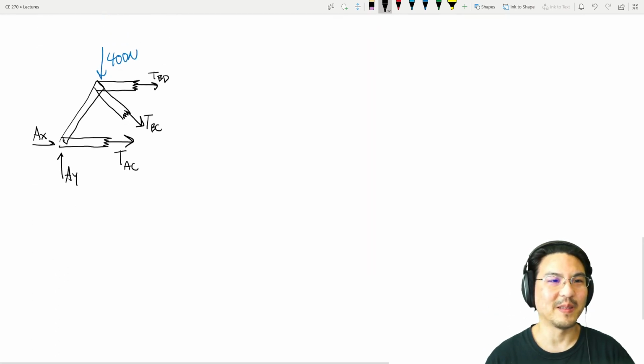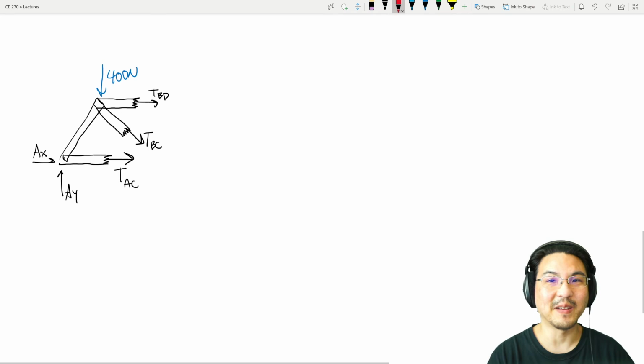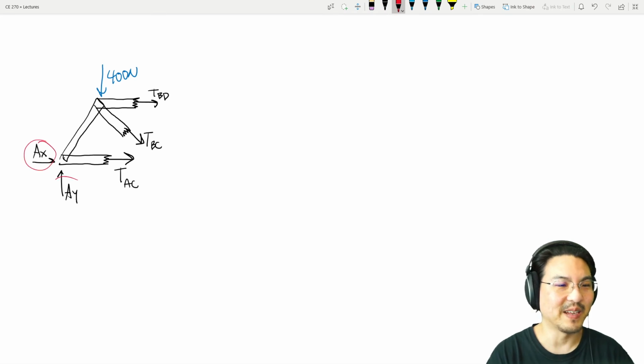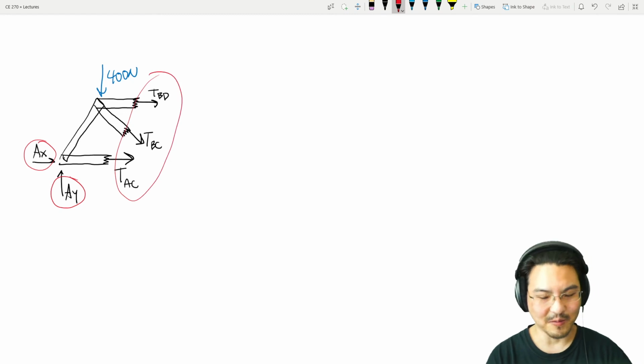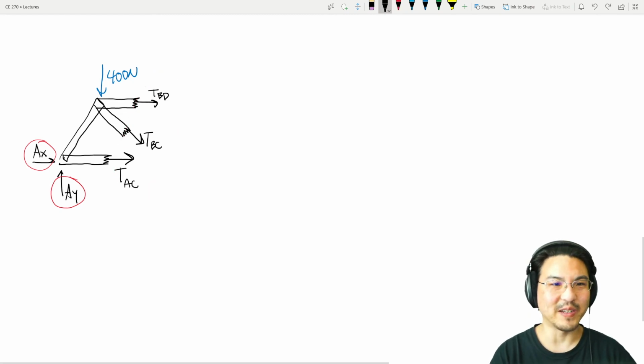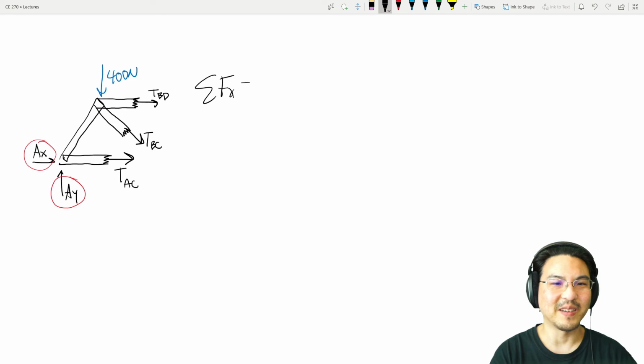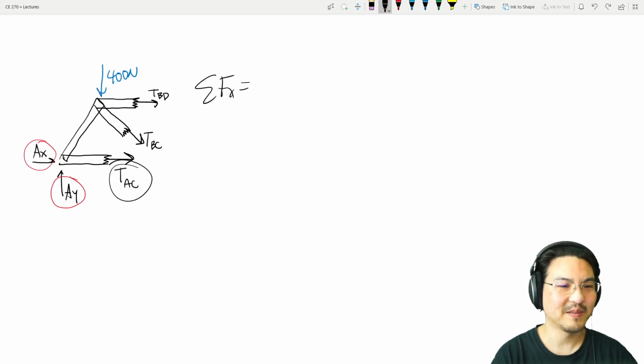So then at this point we would already know the answers AX and AY. Those would be known, leaving us with 3 unknowns, and we can write 3 equations, right? The x direction, this, let's go from here, AX, AC.